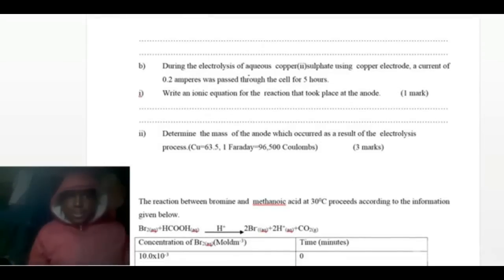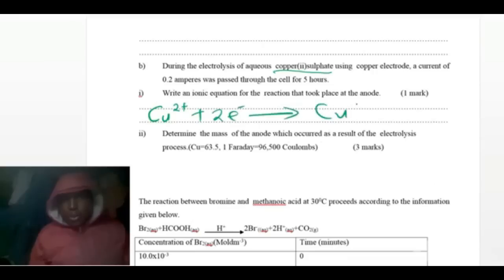During electrolysis, 2 amperes were passed through. Write the equation for the reaction, so we are reacting copper 2 here. The most important thing is the copper ion. So copper 2, which is in solution, we add 2 electrons, and it will form copper metal. That is the equation that you need to know how to write.